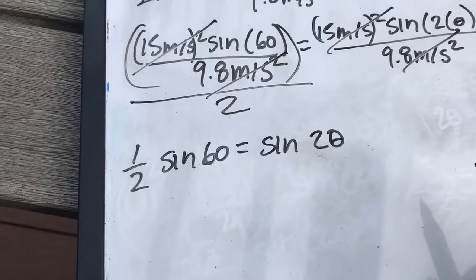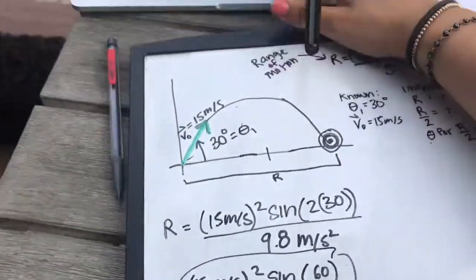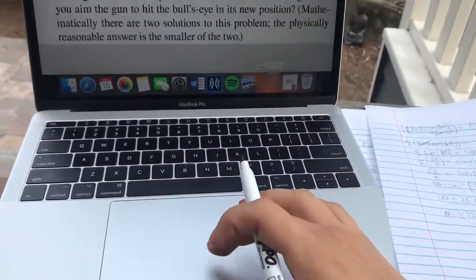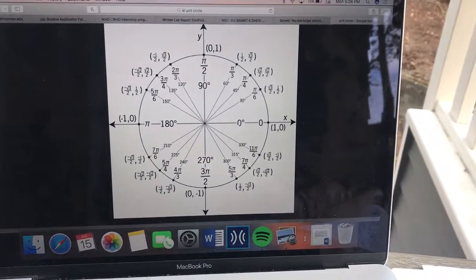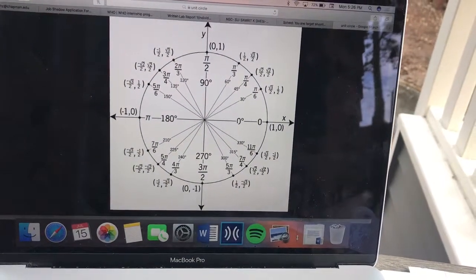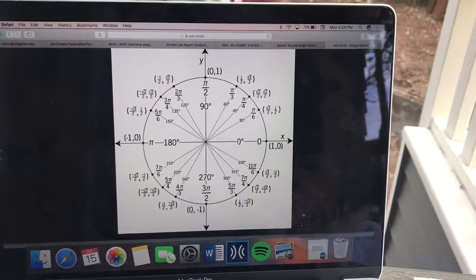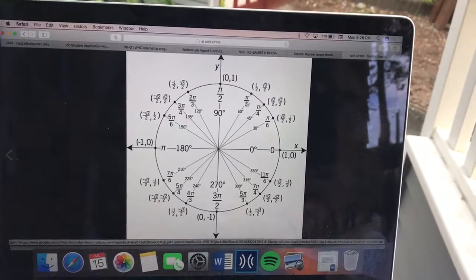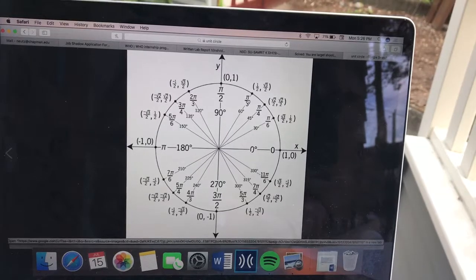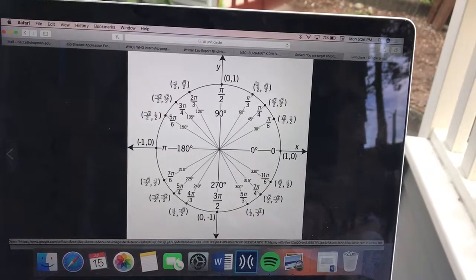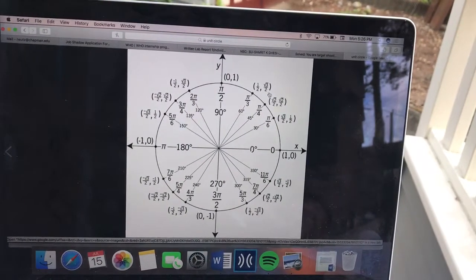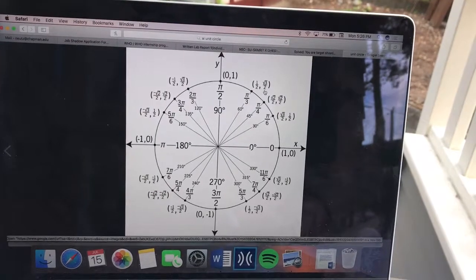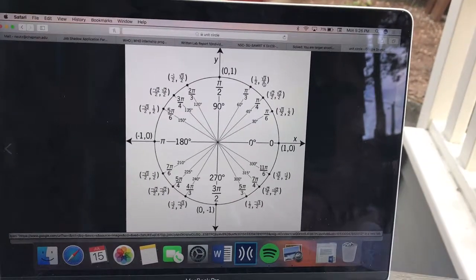And once we have this, we can go to our unit circle, and we can say, because we have sine of 60, so what you do is you go to 60 degrees, which is right here, and you see that cosine is the x value and sine is this, so this is what sine of 60 degrees is, radical 3 over 2.